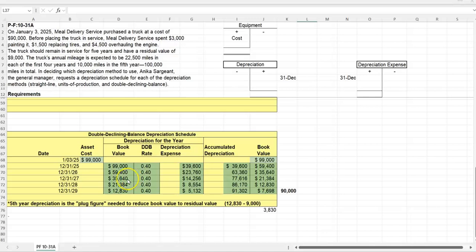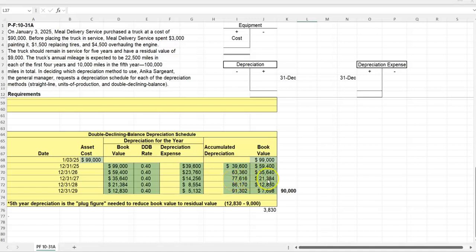So in the third year, we come across 35,640 times the depreciation rate, twice the straight line rate, 0.40, comes down to 14,256. So we add that to our accumulated depreciation of 63,360.